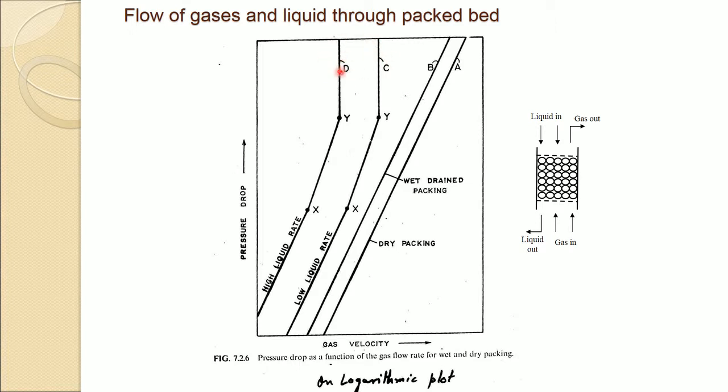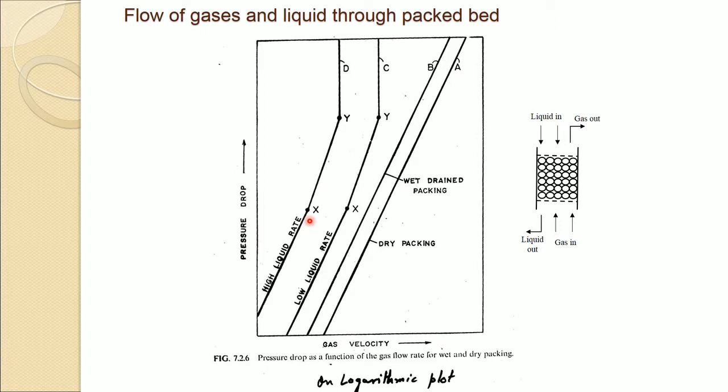So, blast furnace operation would be abnormal. The blast furnace should be operated somewhere in this region for maximum efficiency. For that purpose one has to have proper knowledge about the liquid holdup, how much liquid holdup is there and what sort of gas velocity should be there. So, one can operate a blast furnace efficiently in this range.